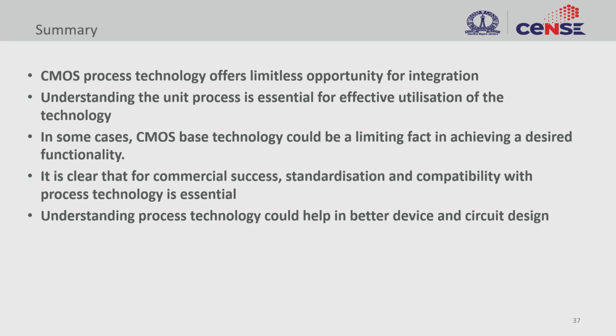And in order to get these modules right, one should understand the unit process so that you can utilize the technology effectively. Some of the processes may be limiting, right? That could be the limit of what you can get out of this CMOS technology.